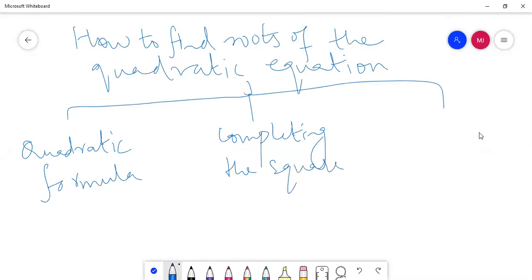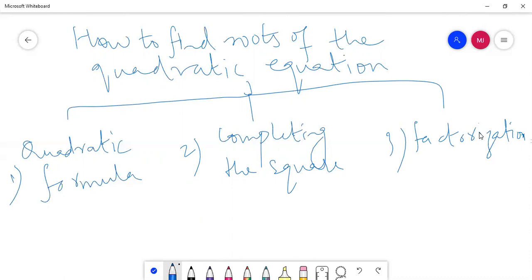And number three, factorization, or more precisely, middle term breaking. Alright students, here are 3 methods by which we can find roots of a quadratic equation. Number 1, quadratic formula. Number 2, completing the square method. And number 3, factorization.